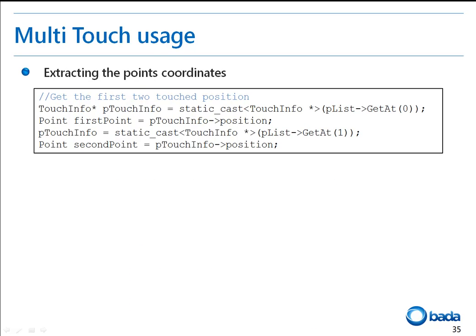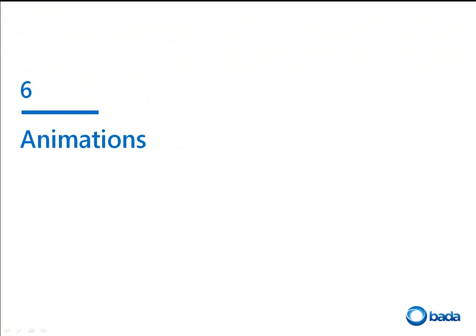Here we can see how the touch coordinates are extracted from the TouchInfoList. TouchInfo is the class that represents the points being touched. As shown, the getAt0 method will return the first point, and the getAt1 method will return the second point being touched. Let's have a look at the animation namespace now.